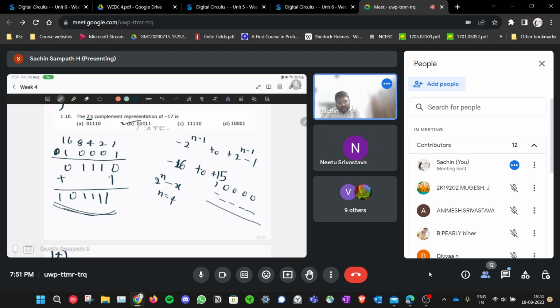See, the 2's complement representation of a number is just the number itself if it's positive.